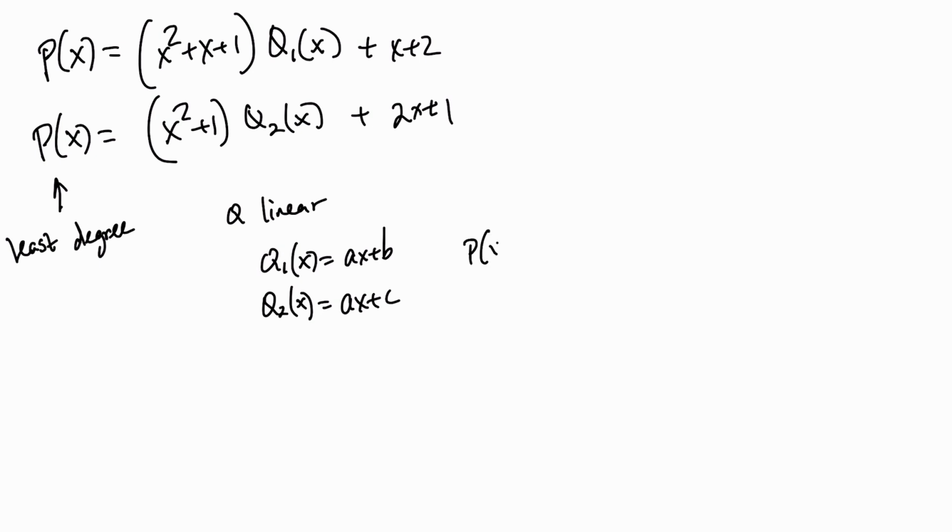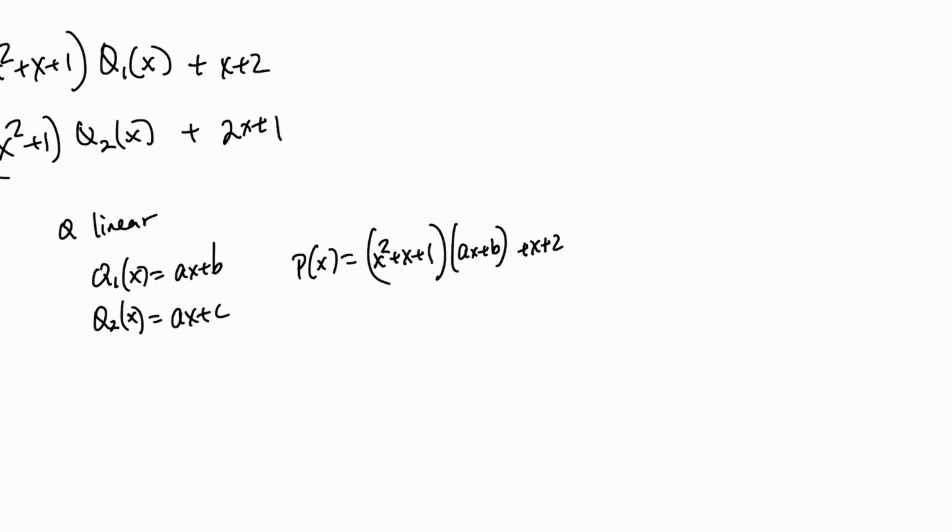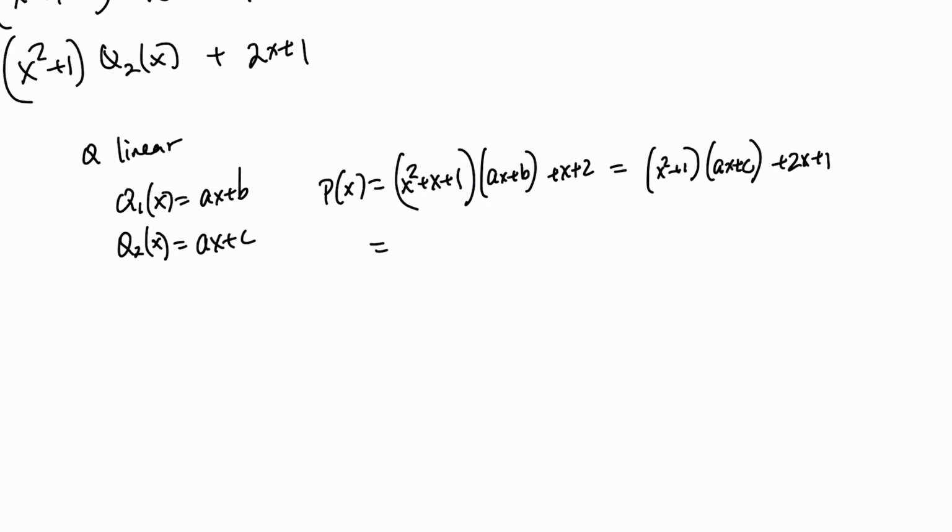Then p of x is equal to x squared plus x plus 1 times ax plus b plus x plus 2. It is also equal to x squared plus 1 times ax plus c plus 2x plus 1. On this side, we have ax cubed plus ax squared plus ax plus bx squared plus bx plus b plus x plus 2.